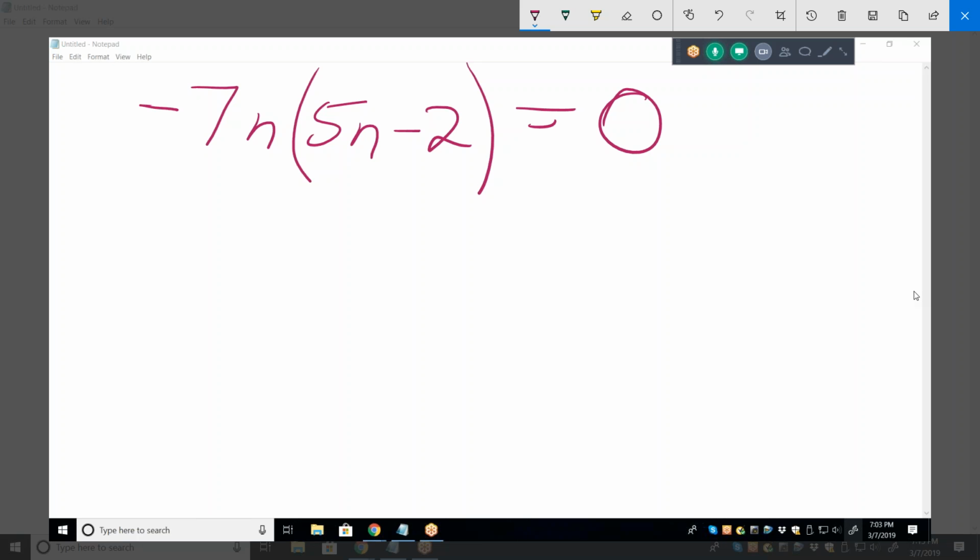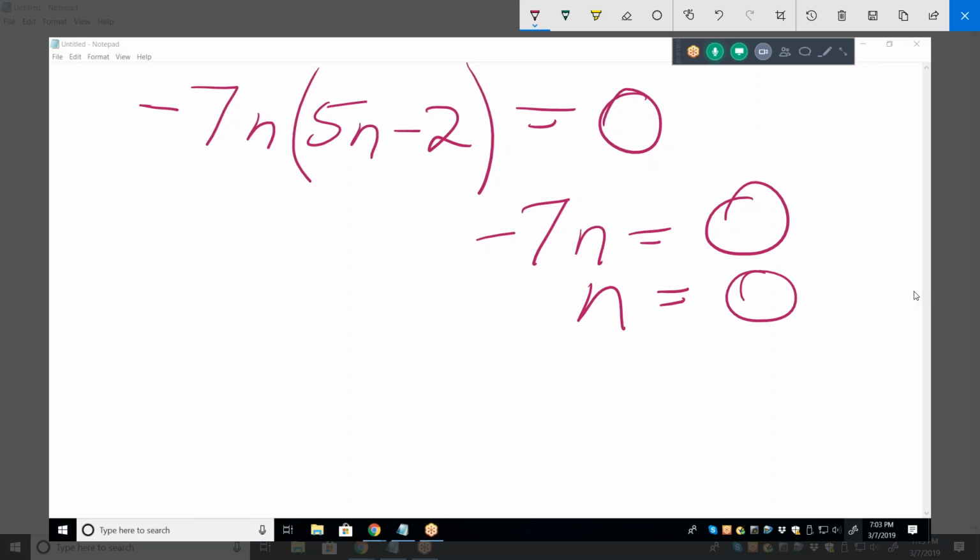So what's the first thing that has to be 0? Negative 7n. What does n have to be? 0. What's the second thing that has to be or can be 0? Not 5n.